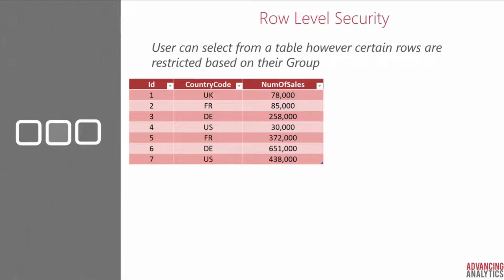This could be specific business units, or if we are serving this out to clients, they may be in a certain region, and therefore we want row-level security to apply to that. So as you can see here, I've got a data set that has country codes across the UK and France, and there is a number of sales in that.